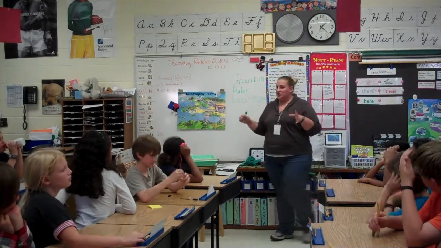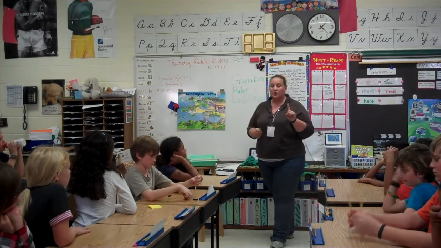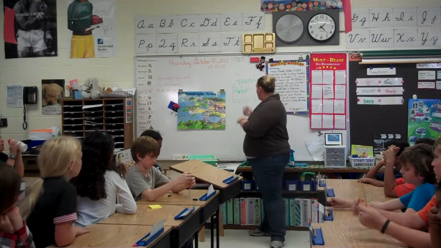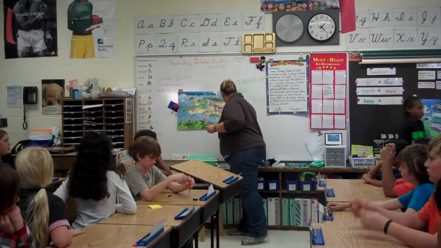So I want you to get in your groups, and once you get in your groups, select one person to come over. Sorry, we do need one more thing. We will need a gray basin.